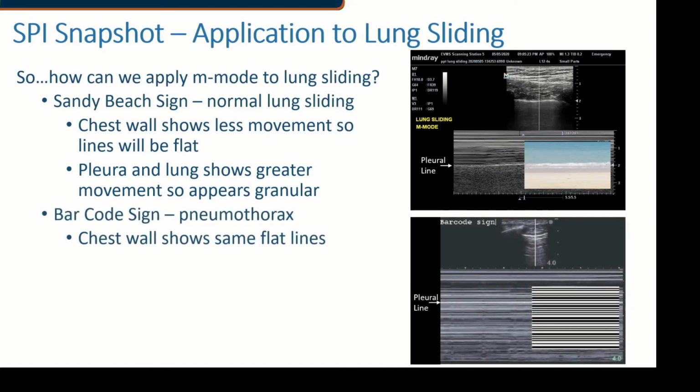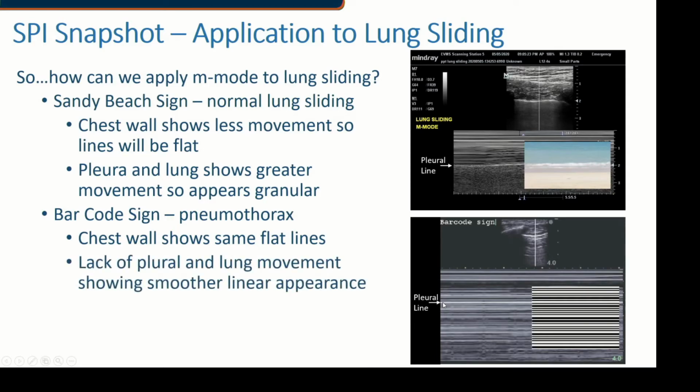So what happens though when you want to document the pneumothorax? Well, this is called the barcode sign. And again, we'll have those same flat lines of the chest wall because there's not a lot of movement there, but then there's not a lot of movement in the lungs either, or along that pleural line.